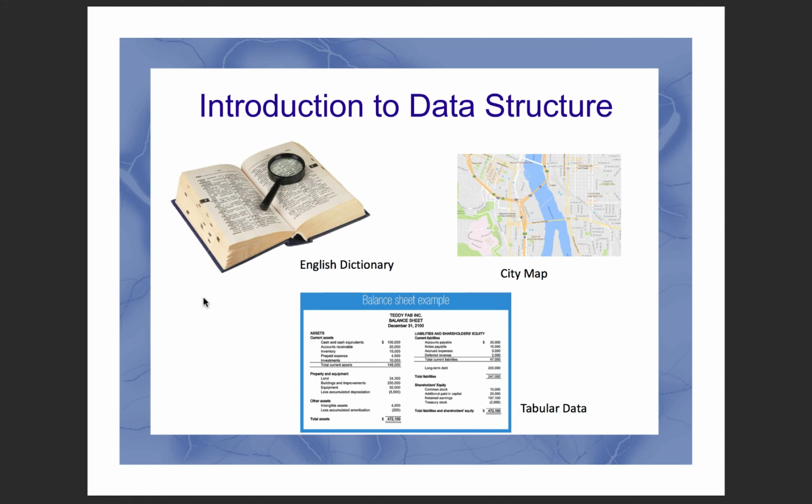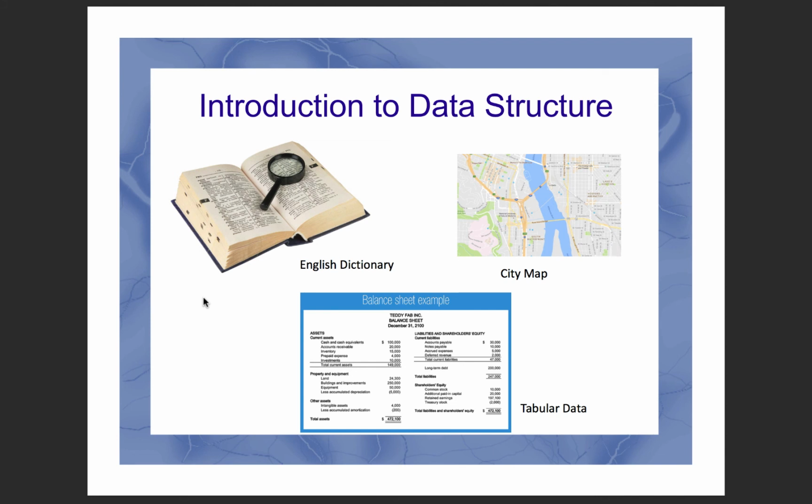The last one is the balance sheet. The accountants who want to keep a lot of information and maintain some data related to business maintain some structures, and it's called a balance sheet. They basically keep all the account information in the balance sheet.